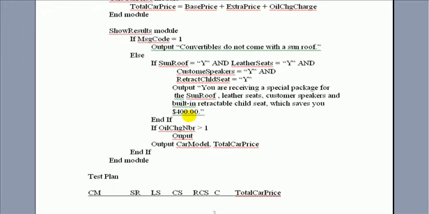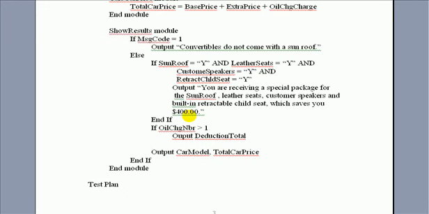Now the message has something about you're taking advantage of the oil change package, and it also includes in there the total deduction that they're going to save. So we're going to just put deduction total, which is the variable I guess I'm going to use, in there and output it.